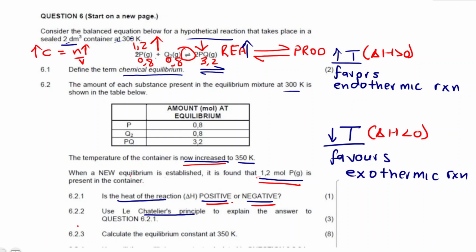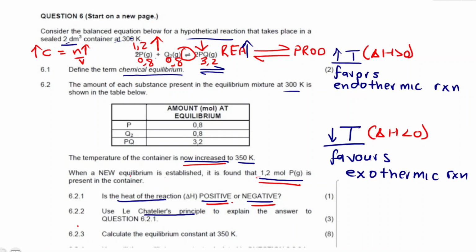That means the forward reaction now was exothermic. So that means that when you increase this temperature, you favored the endothermic reaction, and the forward reaction is exothermic, because heat is on the side of the products.